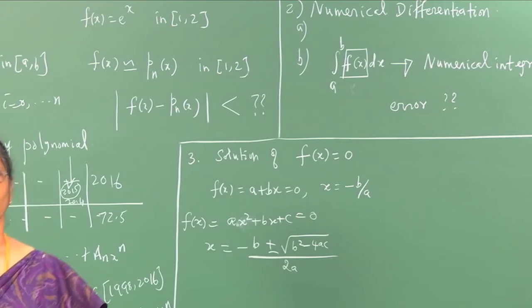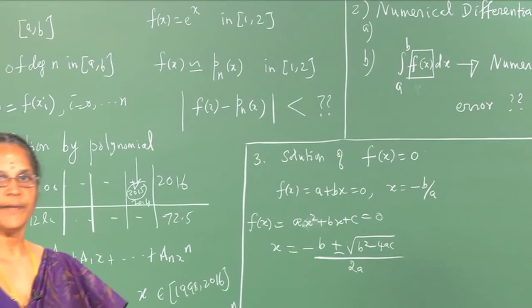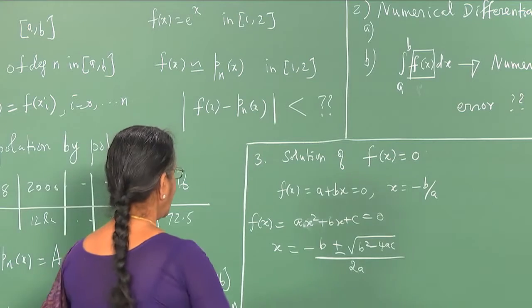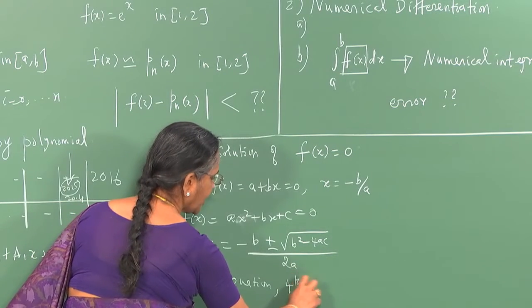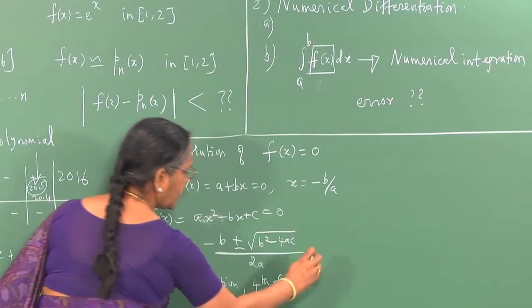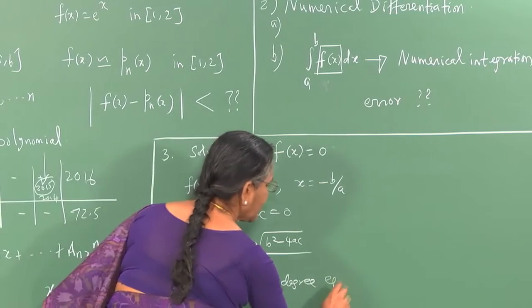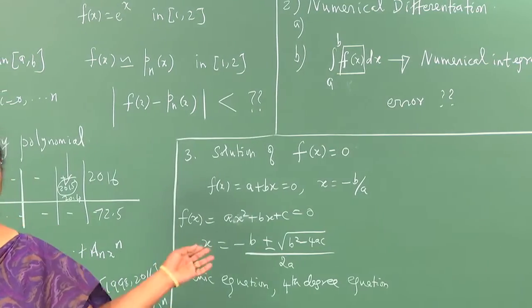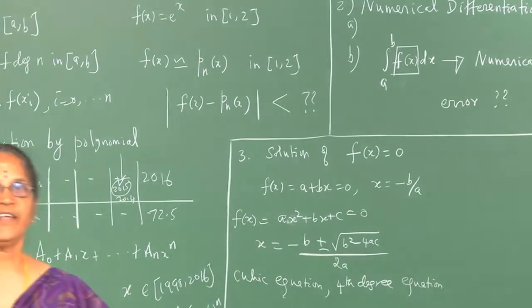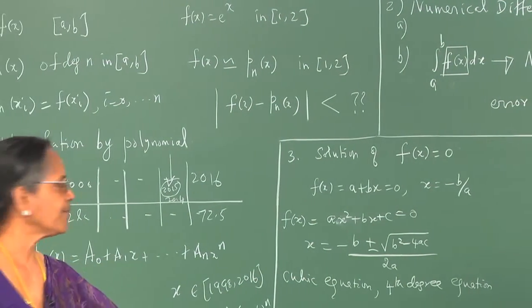So, you will be able to solve a quadratic equation, and it is known that a cubic equation and a fourth degree equation, which is called a quartic equation, can in general be solved and the solution can be given in terms of radicals under certain conditions.